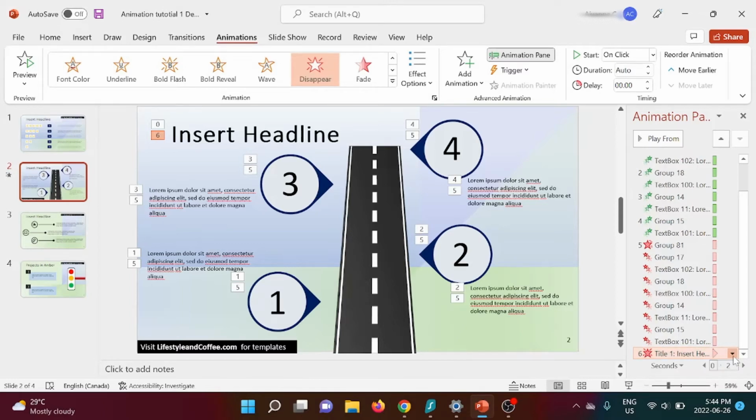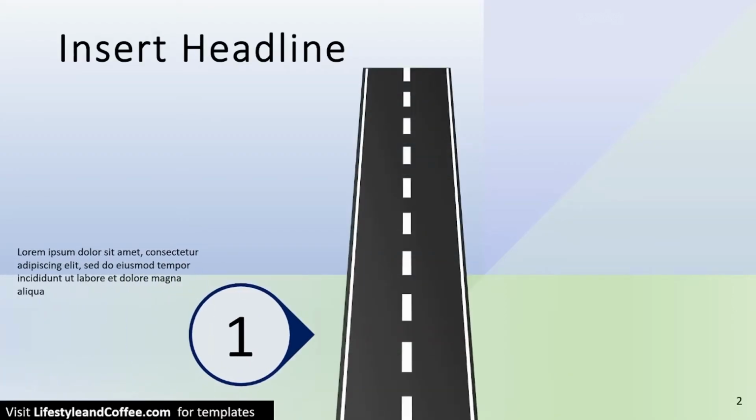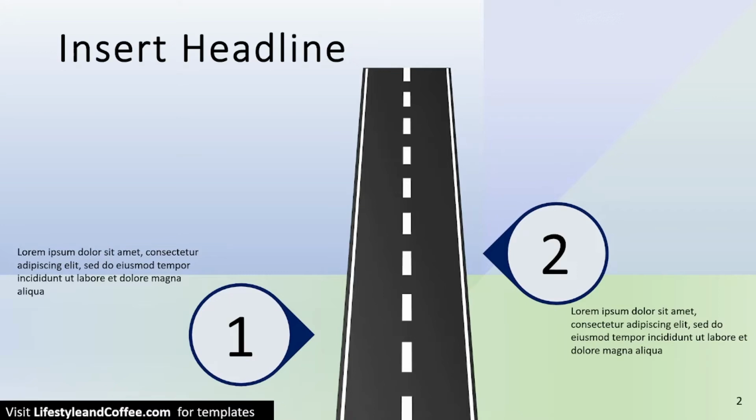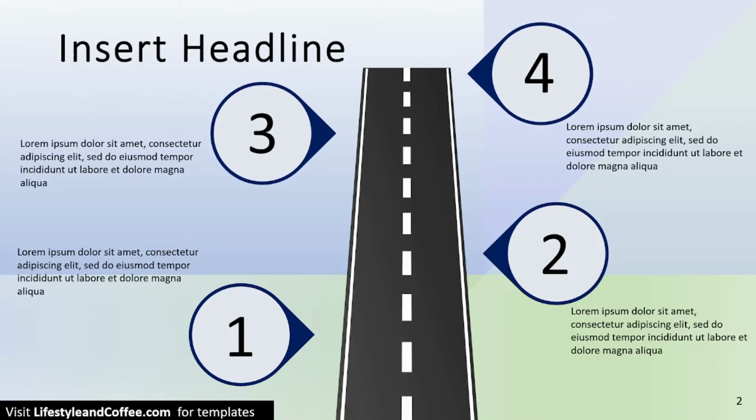Again, you need to make sure this headline disappears at the same time 1, 2, 3, 4 and the highway are going out. As of now it says start on click, so you just set it to start with previous. So go full screen, you have the highway, you explain point 1, point 2, point 3, point 4, and then bam, when you exit, everything has to go.